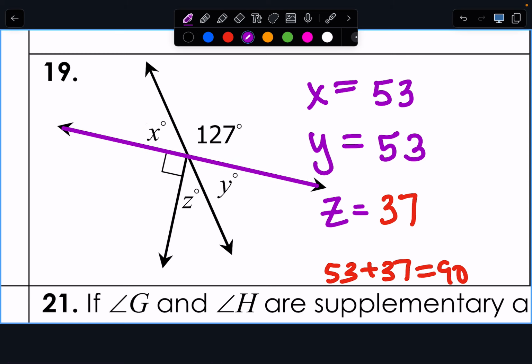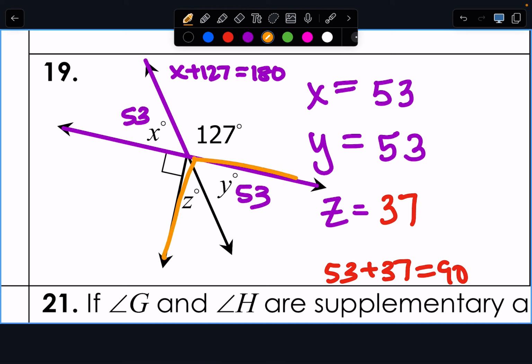These two angles right here make a straight line. So we knew X plus 127 should equal 180. So when I subtracted 127, we got 53. Okay, that makes a lot more sense now. And then are you okay with that, 53, then so is Y? Yes. Okay. So now we know that these two should add up to be 90.